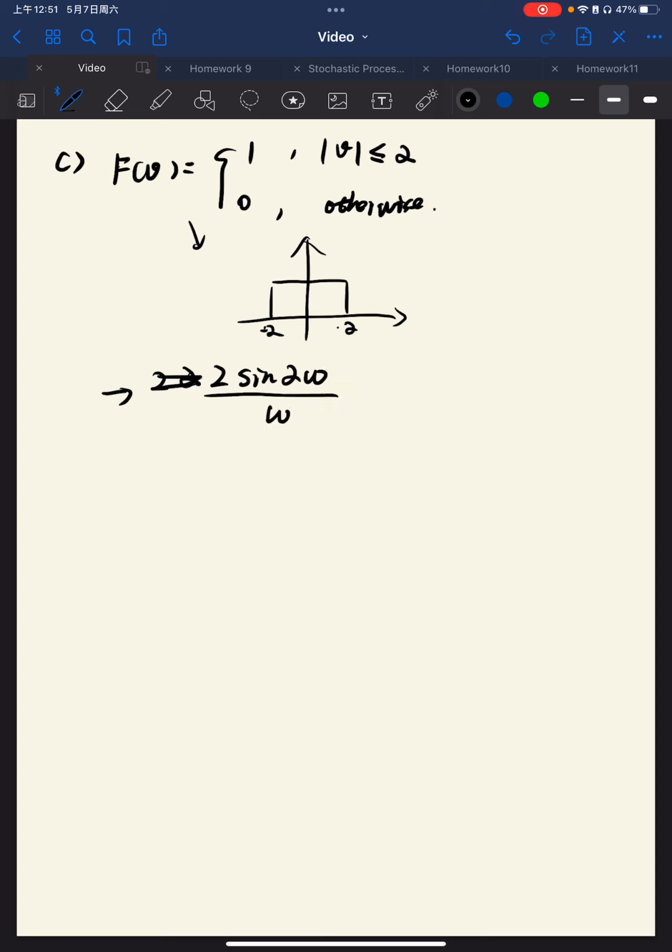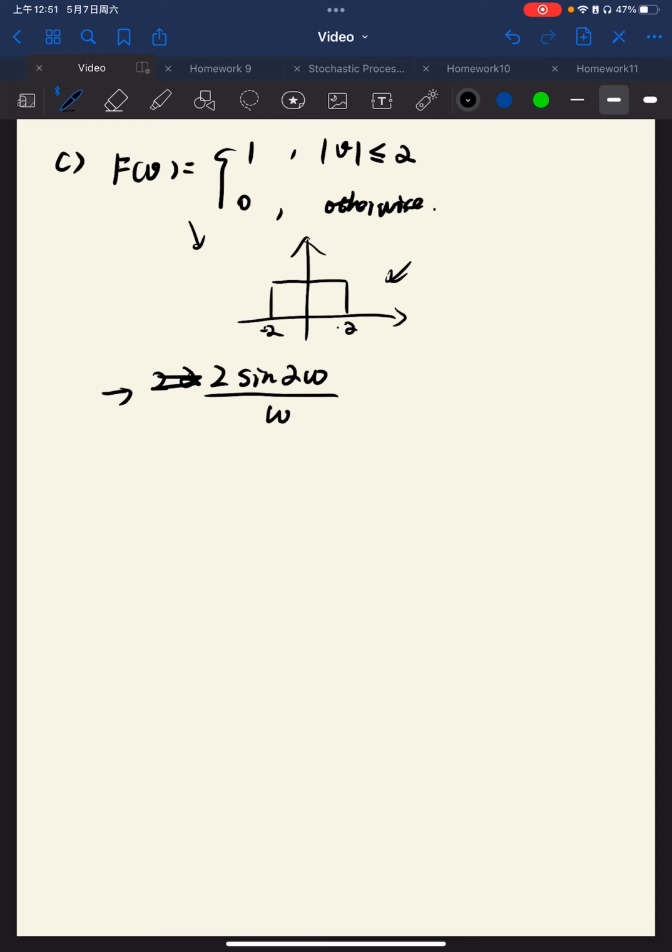If we try to find whether this can be an autocorrelation, from its Fourier transform, we can see that it is 2 times sine alpha omega divided by omega, since it is a rectangular signal.